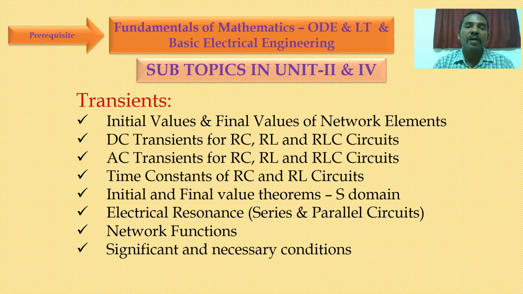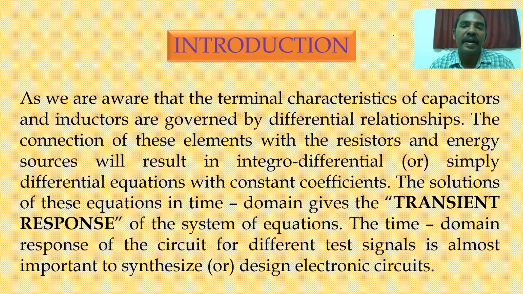Okay. So now come to the transients. So what is a transient? The best example you can take for the transient is an electrical tube light. If you switch on the tube light, it will take a certain time. After a few seconds, it will get into the steady state.